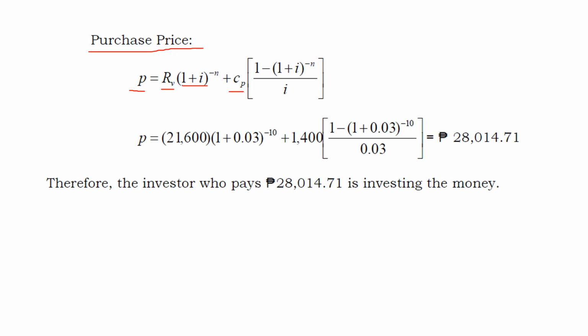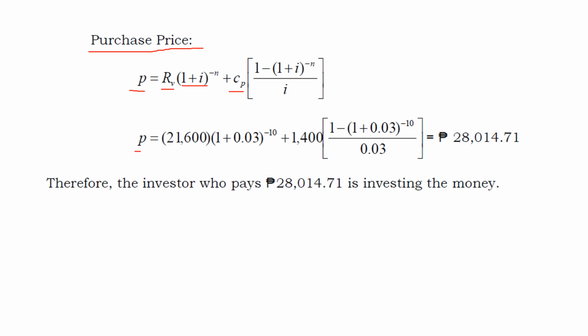As you can see here, there's a given value now for RB, your i, your n, and your CP, from our listed values in our first step in solving this problem. That's why we simply substitute all the given values on this formula.